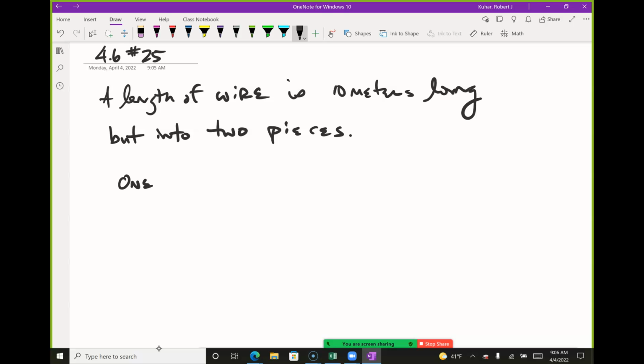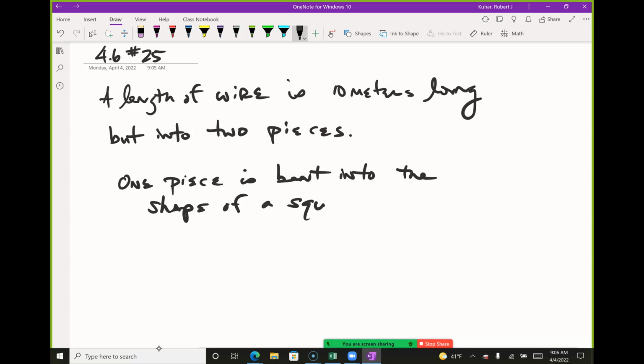One piece is bent into a square, bent into the shape of a square. The other bent into the shape of an equilateral triangle.